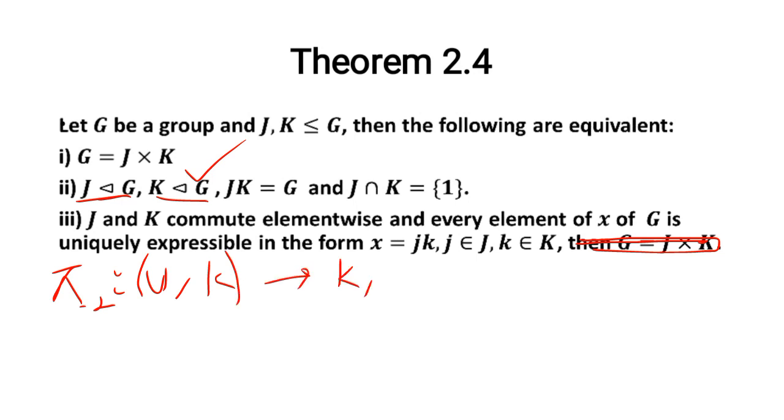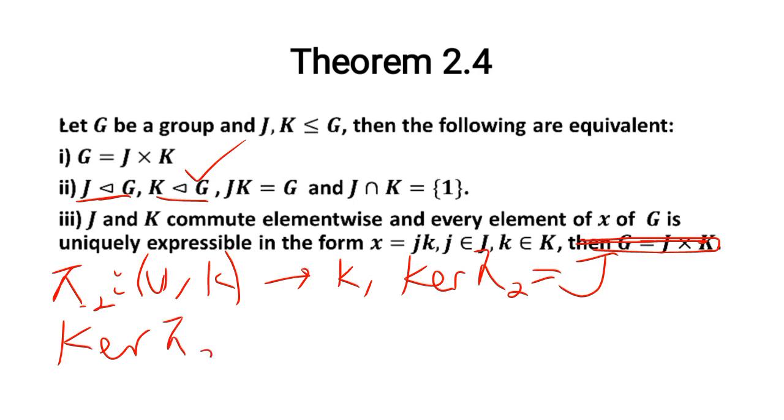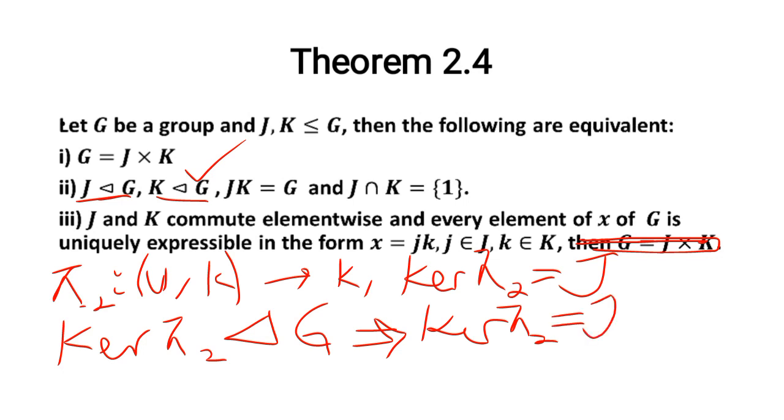So clearly the kernel of pi 2 will be equal to J. But you know that the kernel of theta, in our case the kernel of pi 2, is normal in G. So the kernel of pi 2, which is J, is normal in G. So we found that proof.